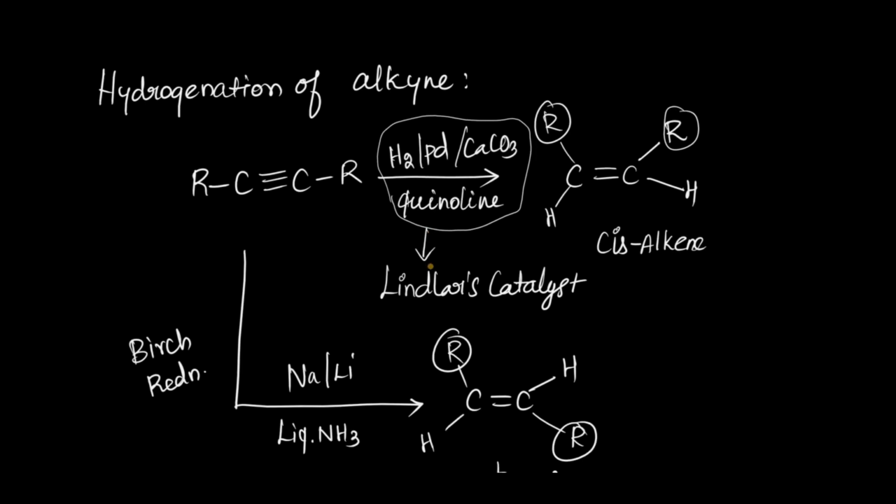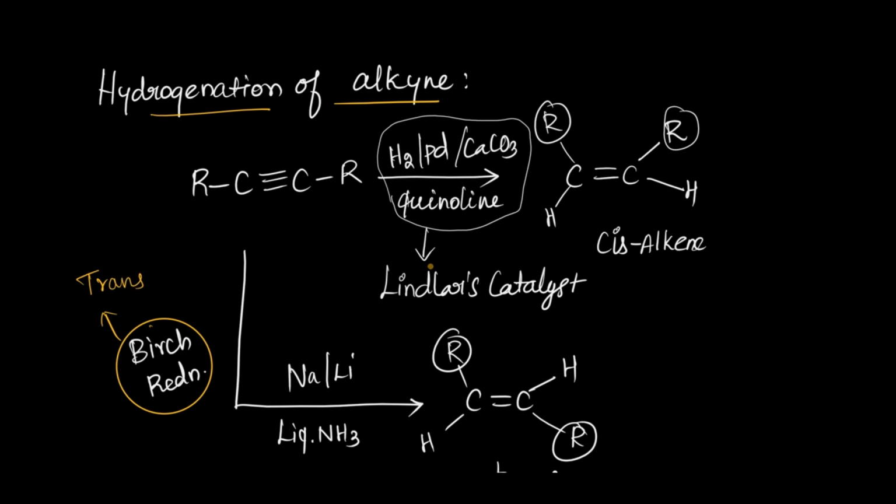Then hydrogenation of alkene. Remember, in hydrogenation of alkene you can have two reagents. One is Lindlar catalyst, another one is Birch reduction. Birch reduction always gives you the trans product. Remember it like bridge for transportation, right?